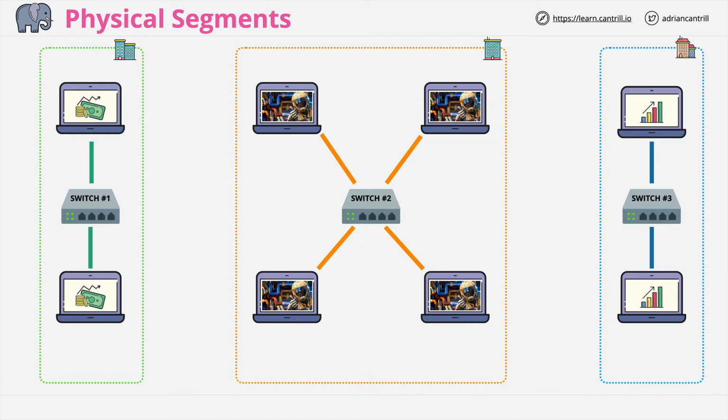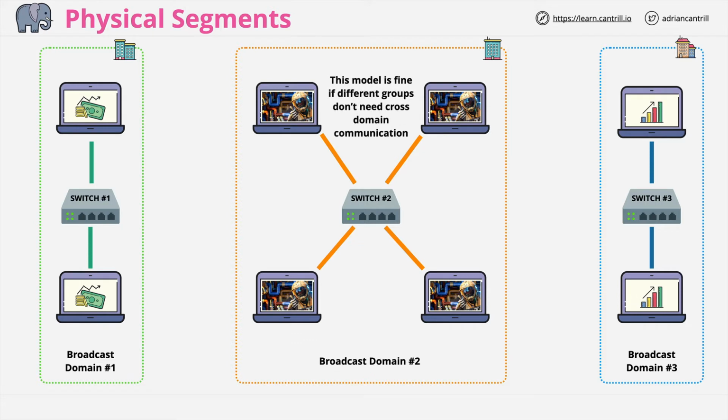Now these switches aren't connected, and because of that, each one is its own broadcast domain. This would be how things would look in the real world if we only had access to physical networking, and this is fine if different groups don't need to communicate with others, so if we don't require cross-domain communication.